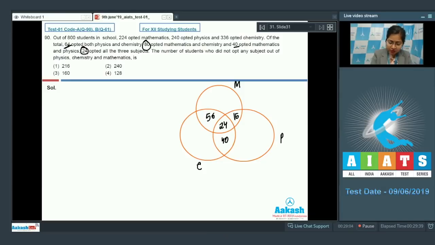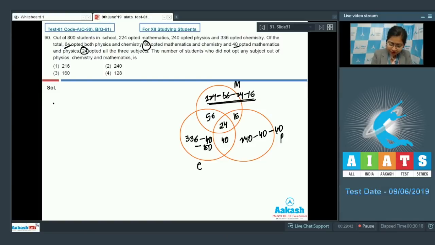This one. It has also been given that 224 opted maths. So this will be 224 minus 56 minus 24 minus 16. And 240 opted physics, which means that this will be 240 minus 40 minus 24 minus 16. And this one will be 336 minus 40 minus 56 minus 24, that is minus 80.